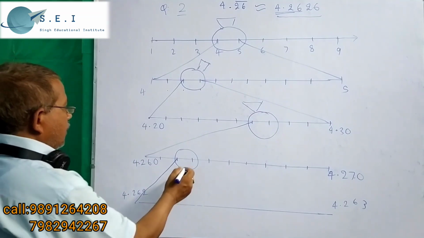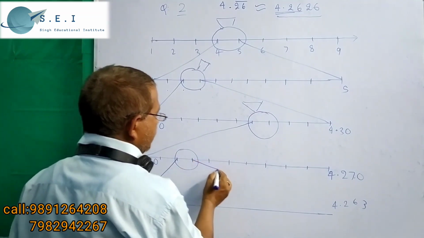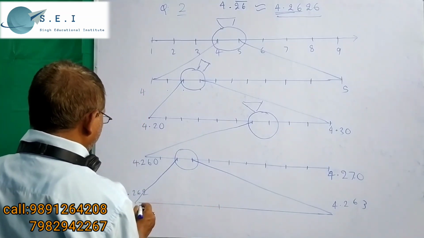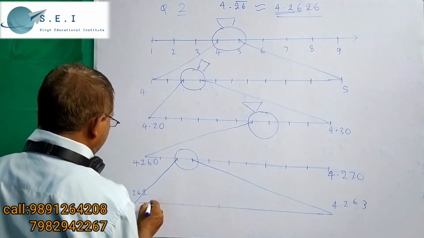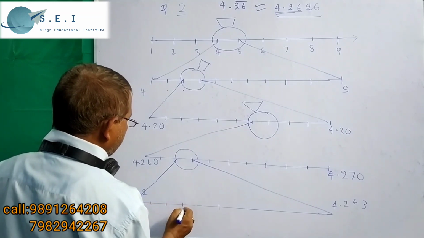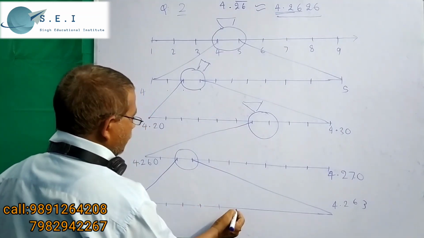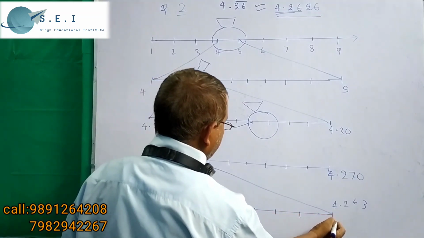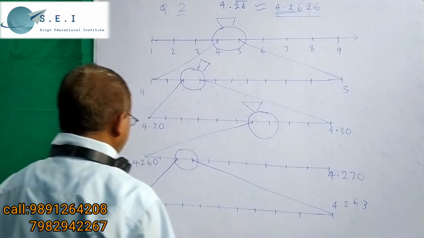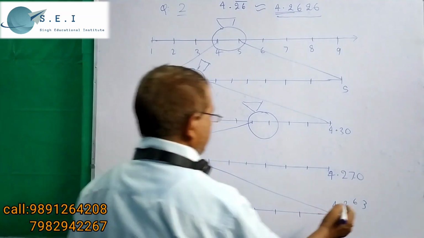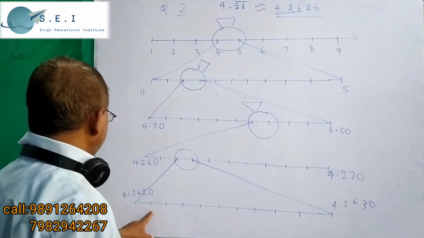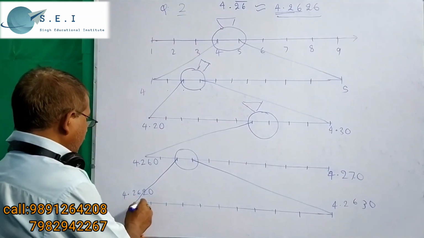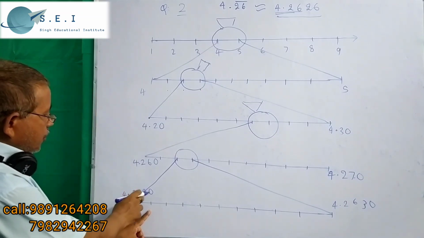Now this end is 4.263. Now divide the interval into 10 equal parts: 1, 2, 3, 4, 5, 6, 7, 8, 9, 10. This is 4.263 and put here 0. This point is 4.2620.